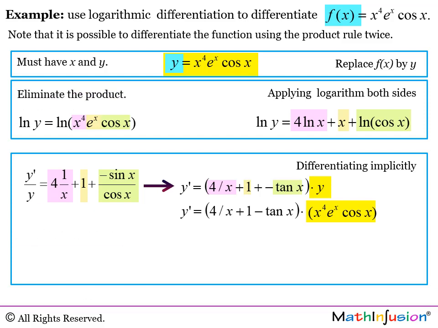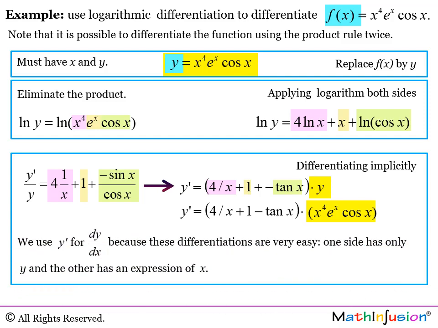The idea with applying logarithm both sides and simplifying was to eliminate the product. In this case, we were using y prime for dy/dx because these differentiations are very easy. One side is only y and the other is only an expression of x.